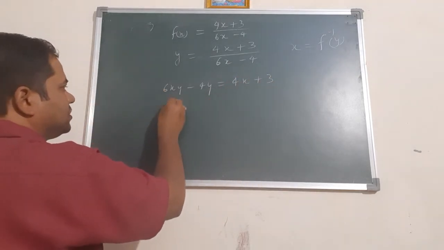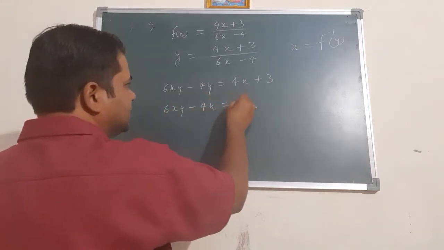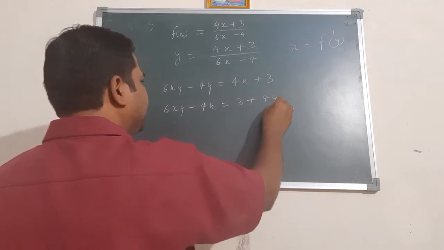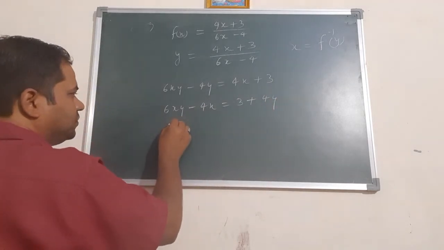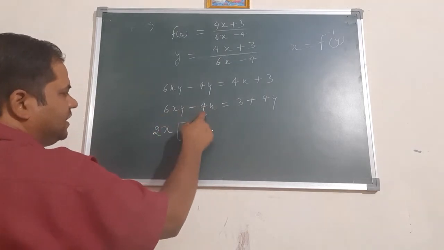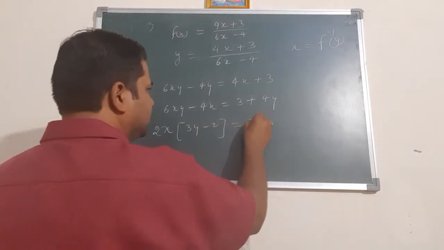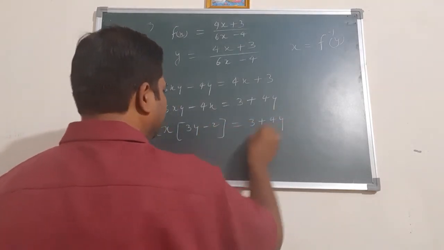So 6xy - 4x = 3 + 4y. So 2x is common, then this is (3y - 2), equal to 3 + 4y.